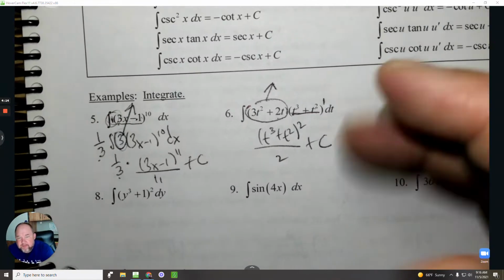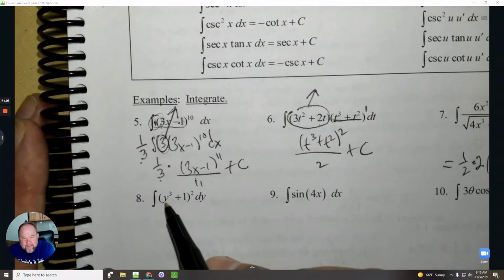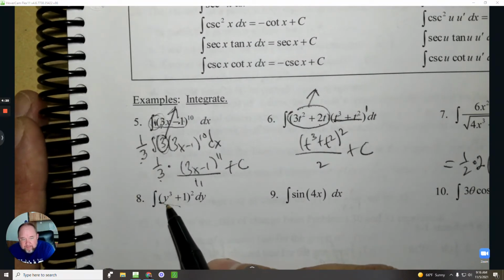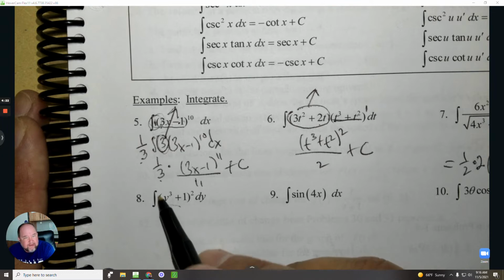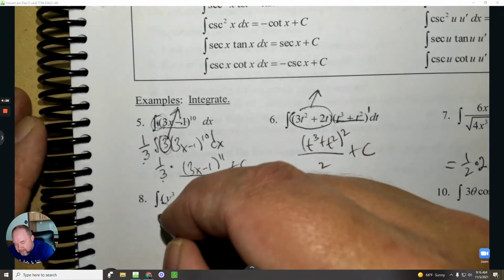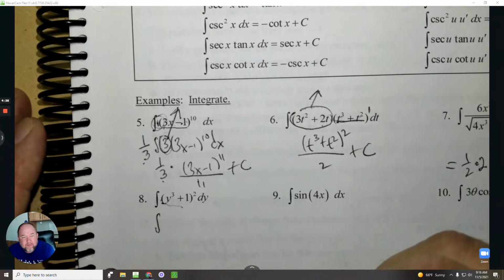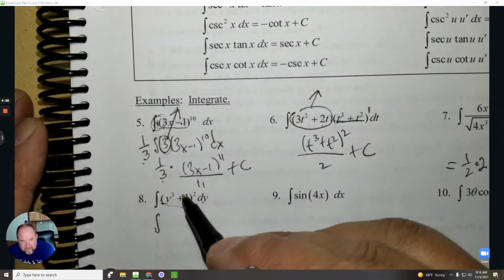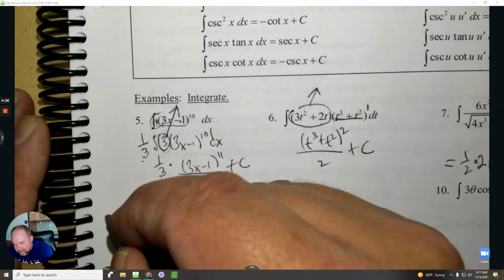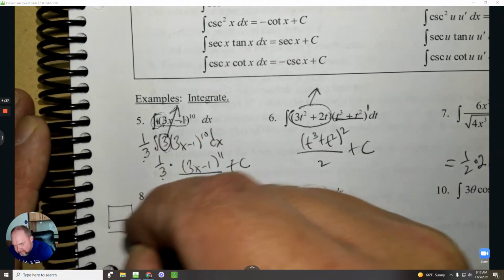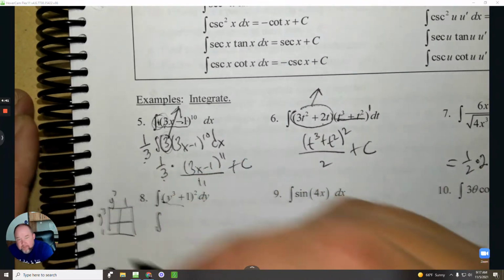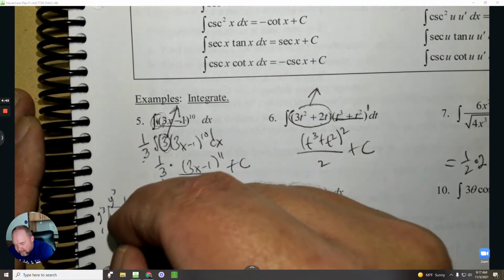I want you to notice in number 8 that if I take the derivative, it's 3y squared in the base. It doesn't match what's in front. They're not like terms. So I have to go in a different direction. So what I'm going to do for number 8 is I'm going to FOIL it to be able to integrate it. So when you FOIL, it's going to be y to the 3. You can do that right here if you need to. So y to the 3 times, so that's y to the 6th.